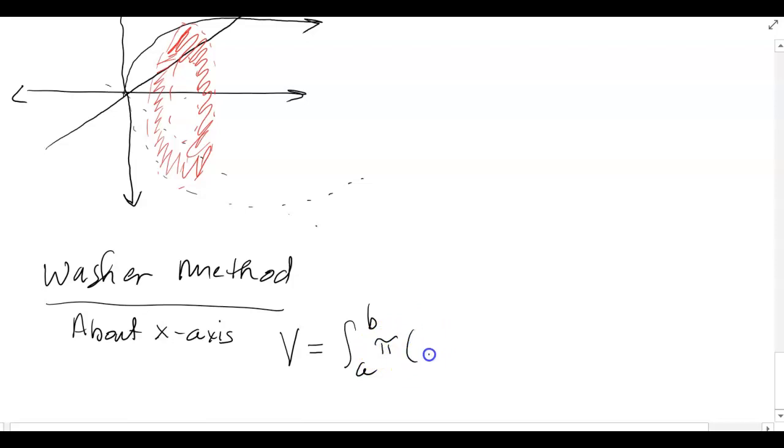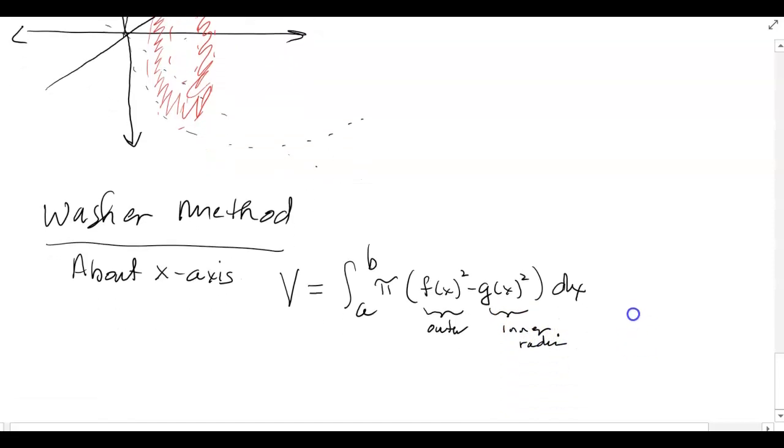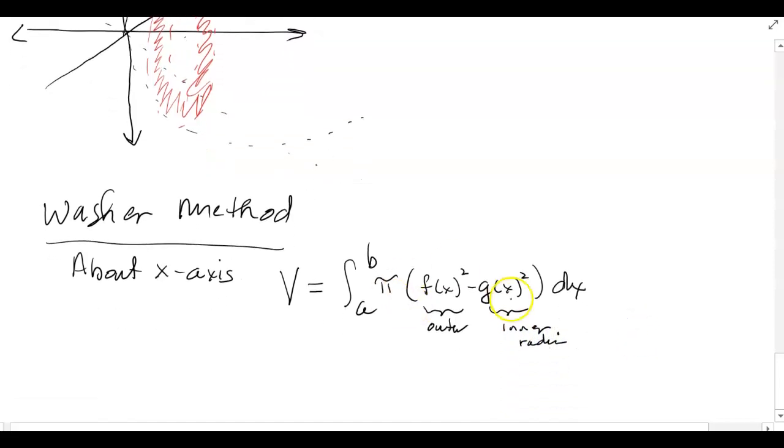So we can do pi, and this one represents the outer radius, and you need to subtract away the inner radius. All I did was, you know, you can distribute the pi and have it in front of each, but I put it on the outside.